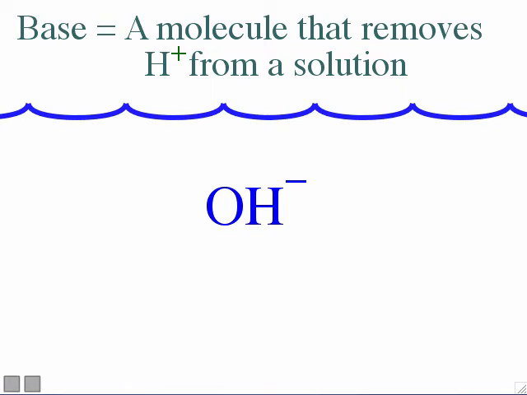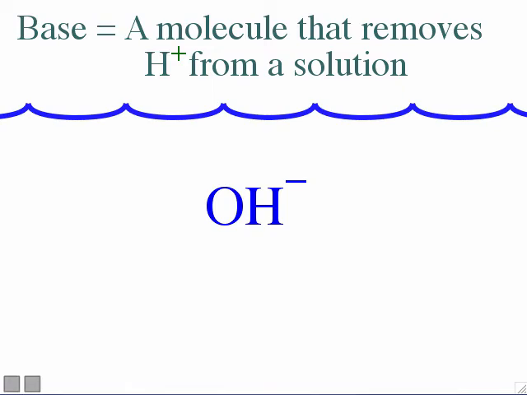And so when I click the button here in a second, you'll see the hydroxide ion doing just that. It's going to remove a hydrogen ion from the solution there. And what does the base do with that hydrogen ion? It just adds it to its own molecular structure. In other words, that hydrogen ion that you're going to see here in a second is just going to become a hydrogen atom that's part of this molecule.